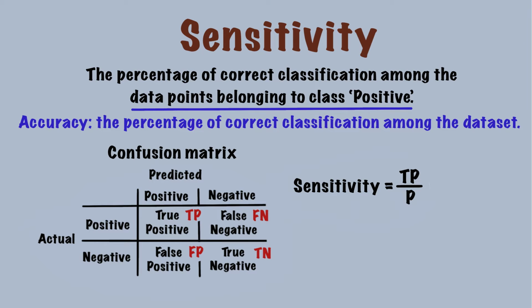The formula of sensitivity is Tp divided by P. P is the data points that belong to class positive, so it's Tp plus Fn. Fn is included because it represents the data points that are positive, but incorrectly classified as negative. As you can see, we ignore the negative data when measuring sensitivity.